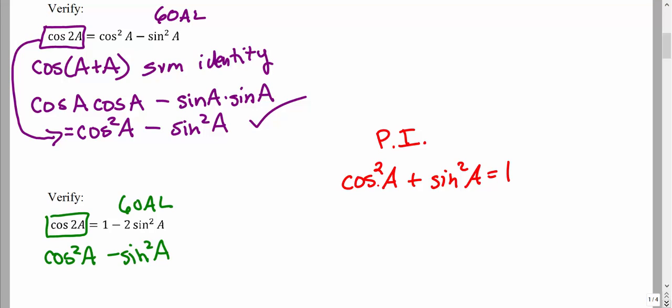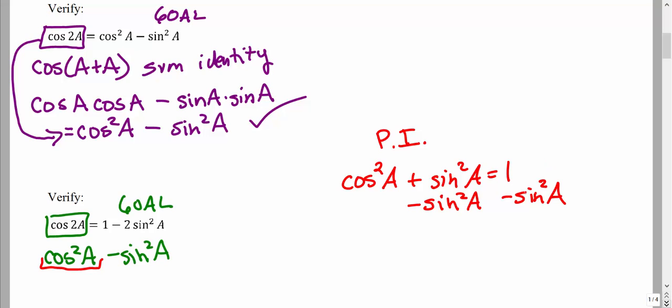We notice that our goal is written only in terms of sine. There is no cosine on the right-hand side of this identity. So let's get rid of cosine squared A and replace it with an equivalent expression using our Pythagorean identity. We're going to rewrite the identity with cosine squared A by itself on one side.